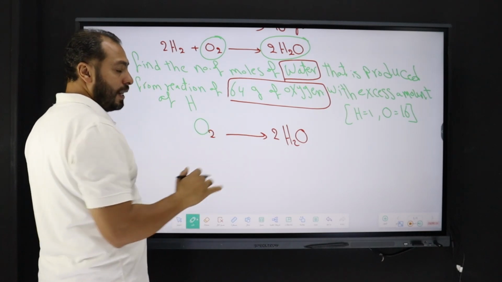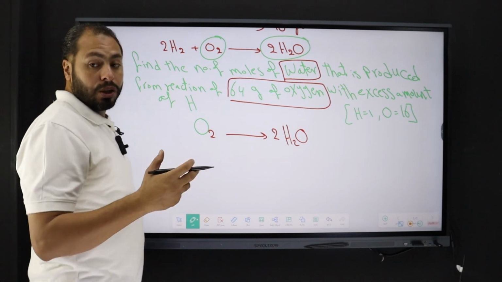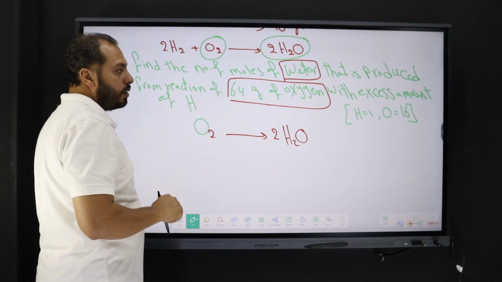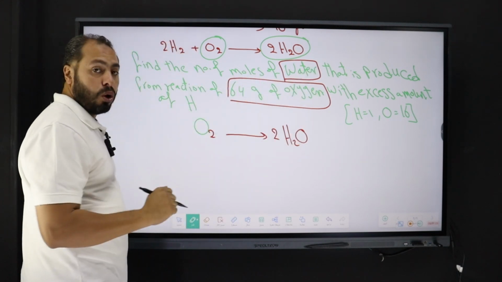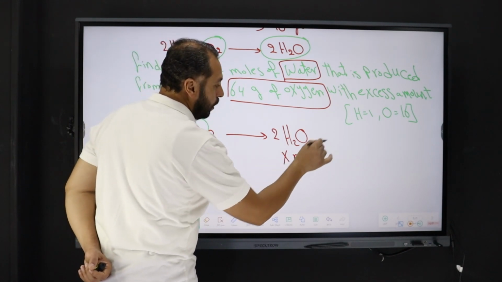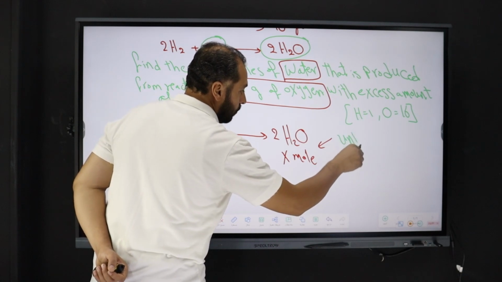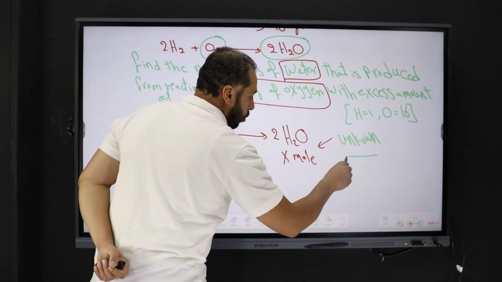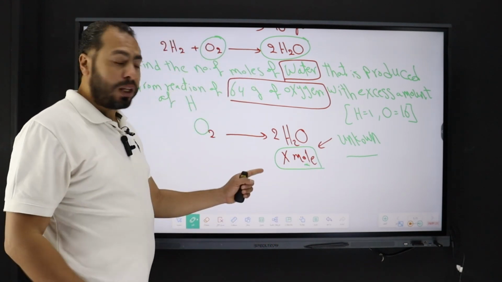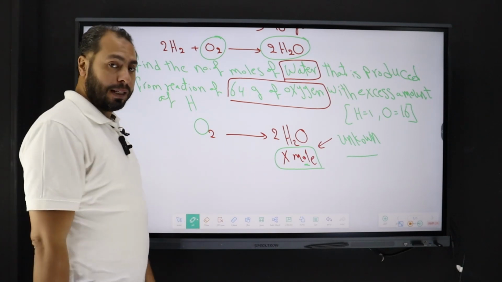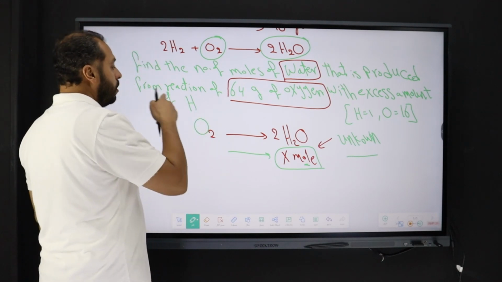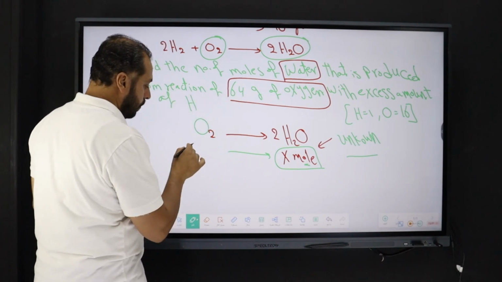The second step: which is the unknown substance here? Find the number of moles of what? Of water. So we put X moles because this is the unknown substance, and X moles represents the measuring unit of X that we want to calculate, when oxygen is 64 gram.